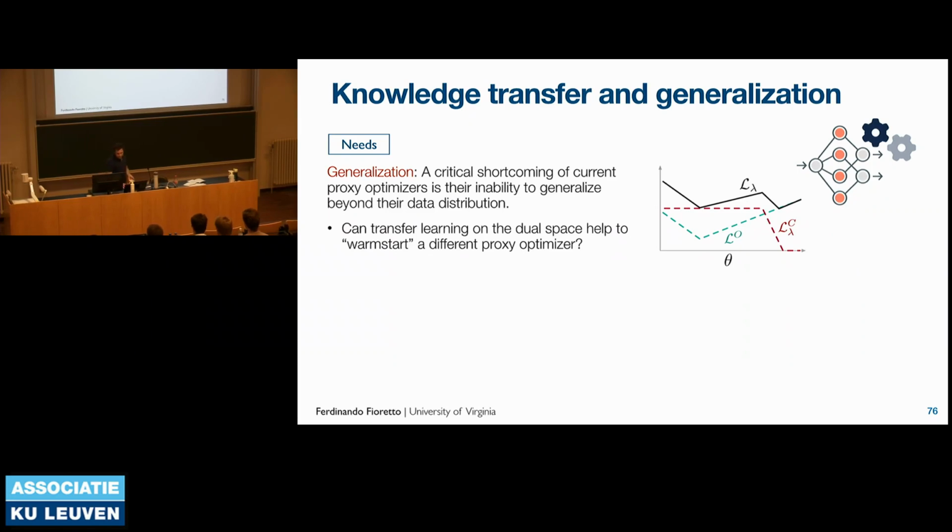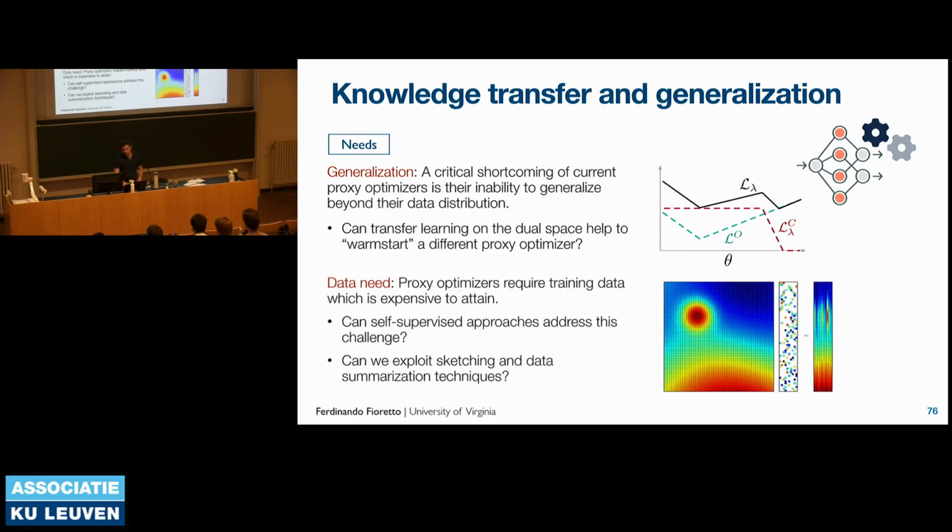And so one of the questions that I have is whether we can transfer some knowledge from a dual space into the optimizer itself. There is also a lot of data need when we're training such types of models, whether they are supervised or self-supervised, we still need to generate a lot of data.